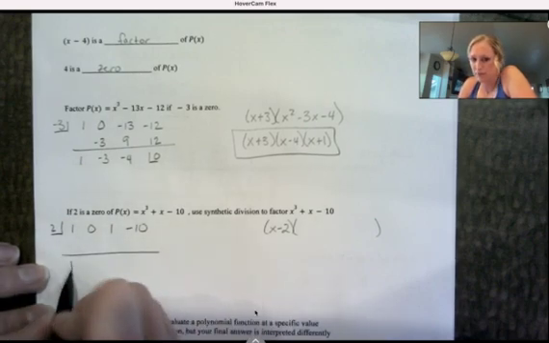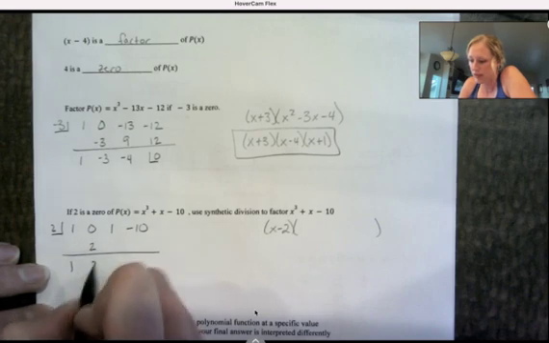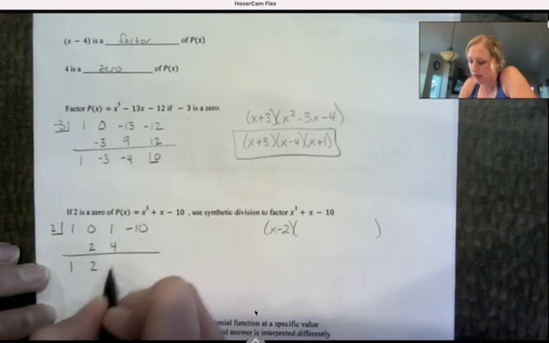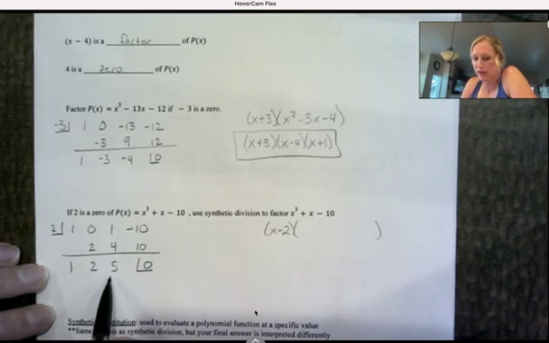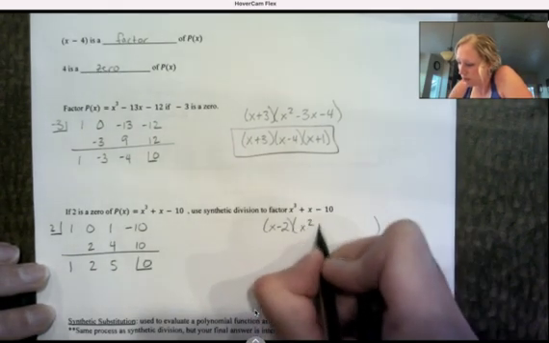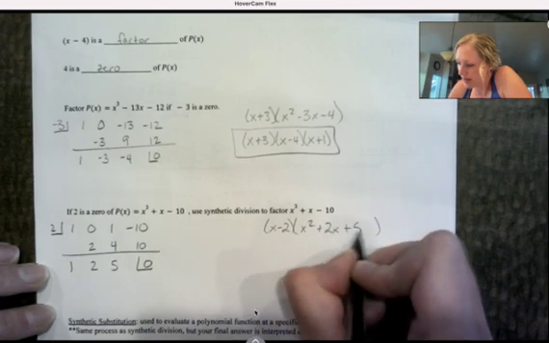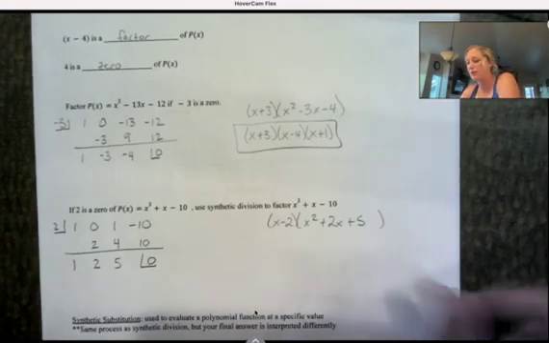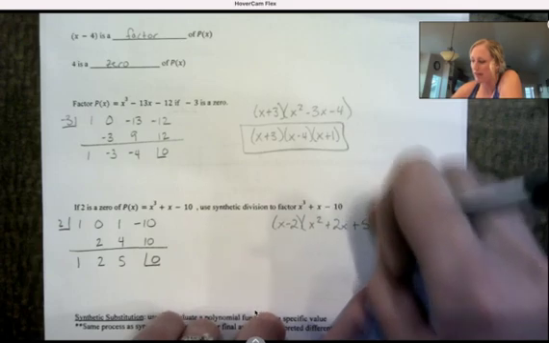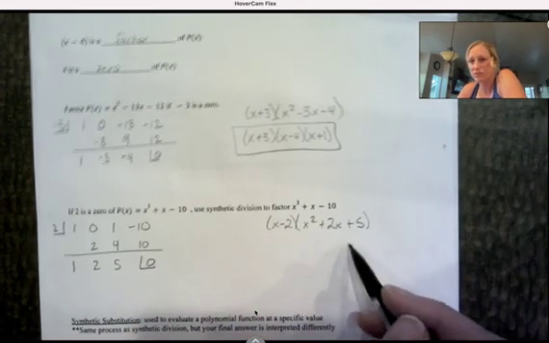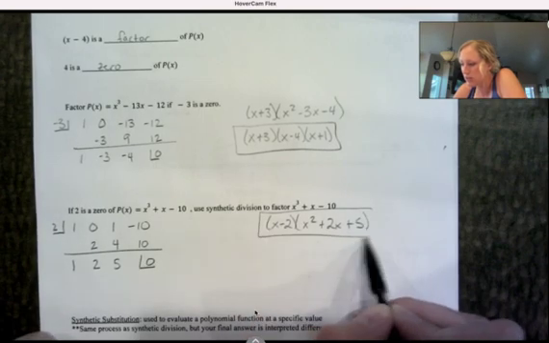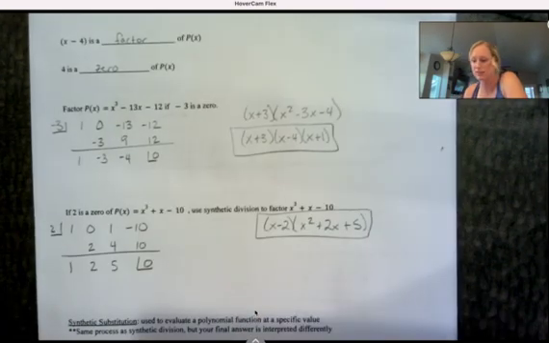Bring down the 1, multiply, add, multiply, add, multiply. What's left is 1x squared plus 2x plus 5. Now, numbers that multiply to be 5 that add up to be 2. I can't factor further than this, so this would be completely factored as it is.